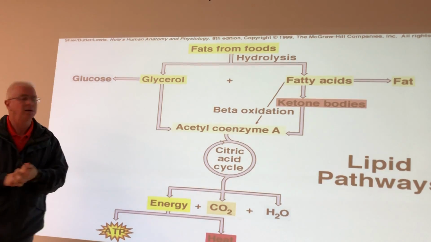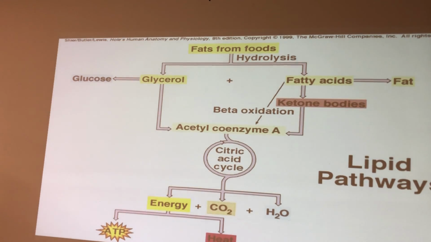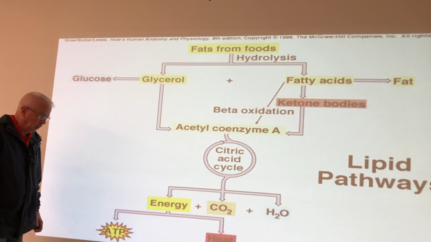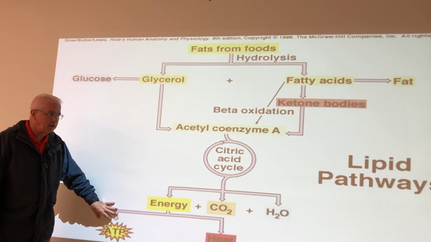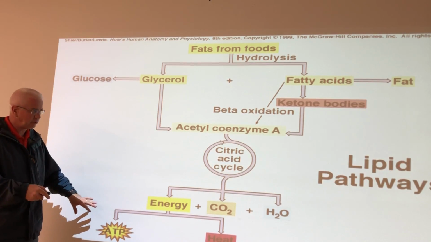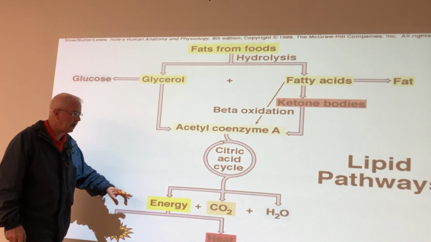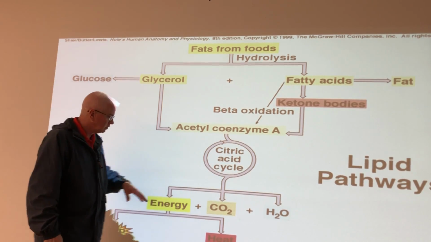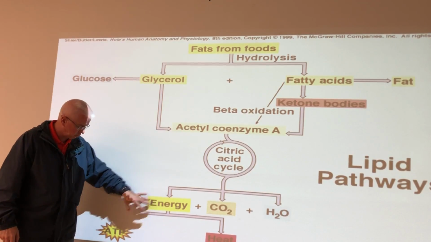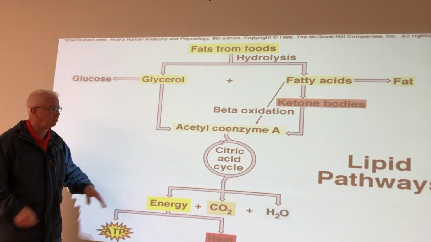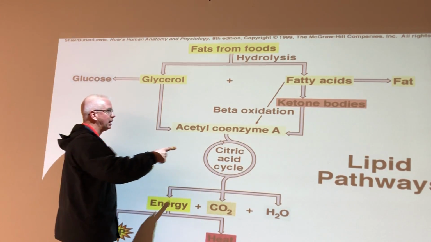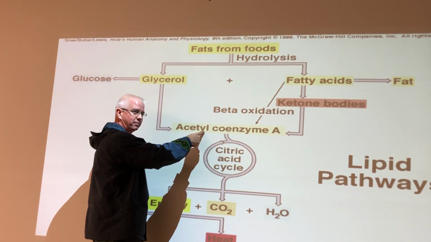Okay, so when we look at this picture right here, we can see that in the production of ATP, so this is intended to teach lipid pathways, I have the citric acid cycle here, so I must have in this energy production story the electron transport chain. So you recognize here the acetyl-CoA, right?